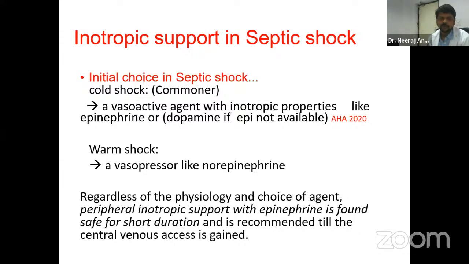In case of warm shock, the vasopressor of choice would be norepinephrine, as norepinephrine is a potent vasoconstrictor. It causes redistribution of blood from skin and other tissues to vital organs such as brain and heart. Regardless of the physiology and choice of agent, peripheral inotropic support with epinephrine is found to be safe for a short duration.